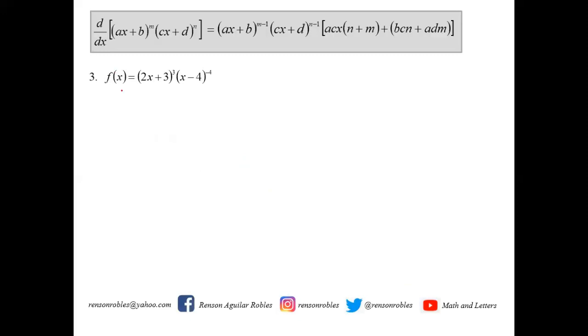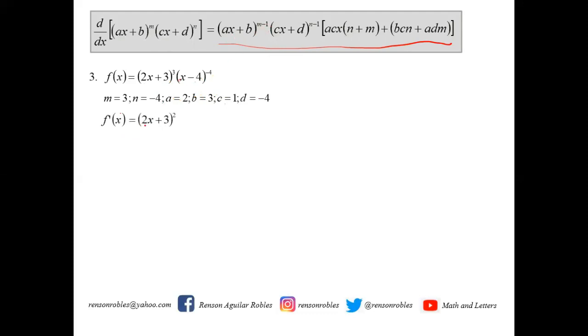This is our previous example. So in this case, m is equal to 3, n is negative 4, a equals 2, b is 3, c is 1, the coefficient of x, and d is negative 4. And then applying this principle, we shall have f prime of x equals (ax+b)^(m-1).